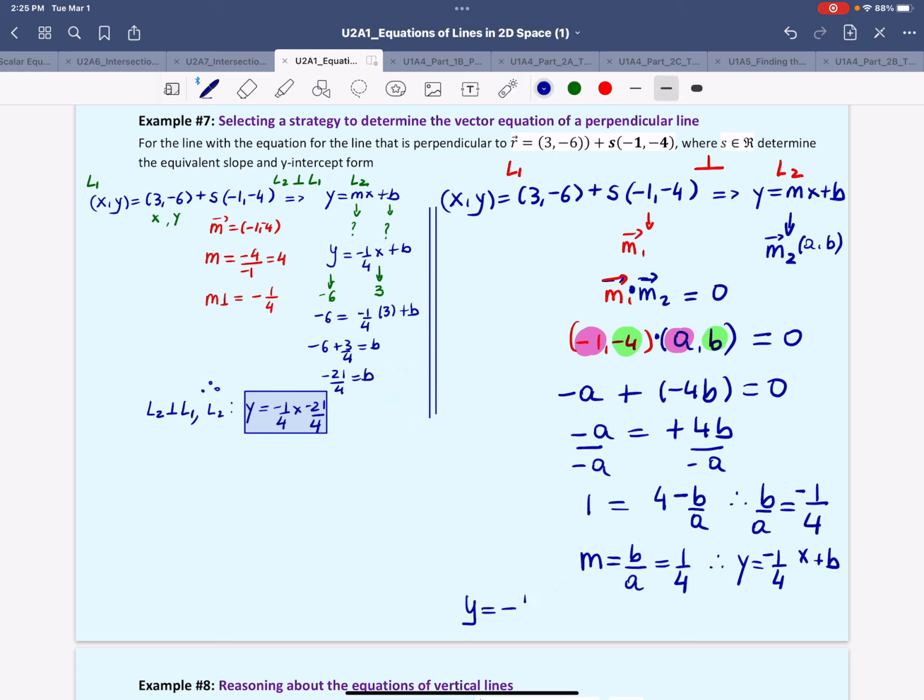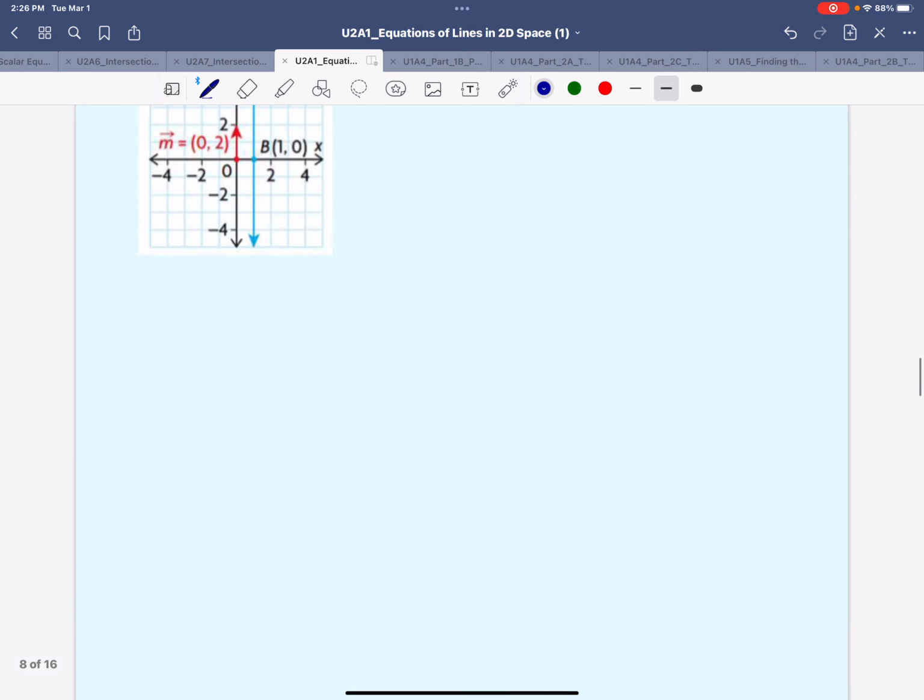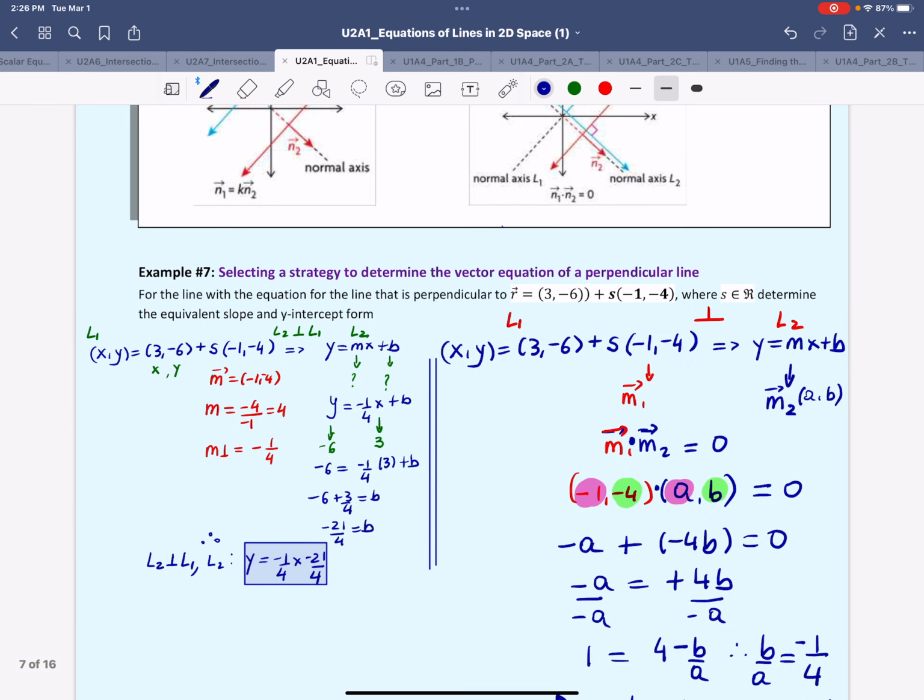So we're going to have negative 1 over 4x and then plus b. So I'm going to write a note in here. So to determine b, use method 1. And here is, oopsie, this is going to be our number 1 method, and this is our number 2 method, right? So the rest of the process will be similar to the other one.